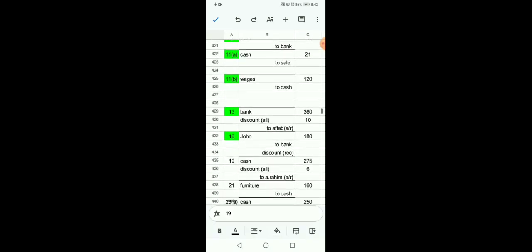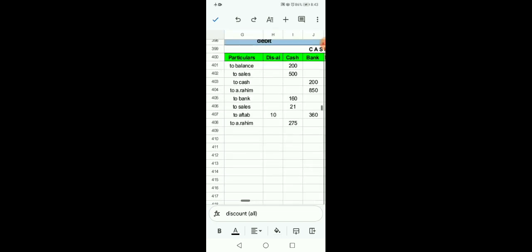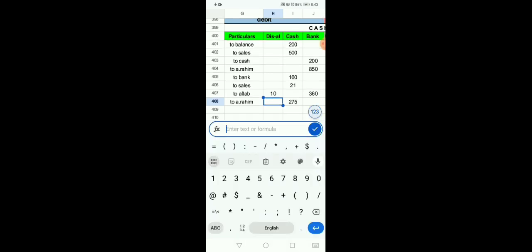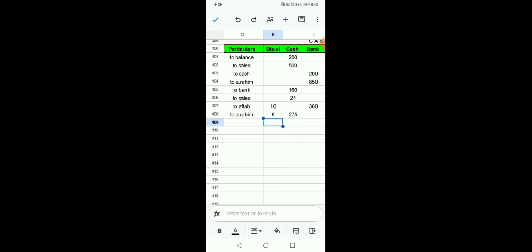In the 19th entry, there were two elements. Cash has been posted. Now it's time to post the discount, which is debited by 6. Go to the debit side of discount and write down 6. It was possible to write down 6 in the next line as well, but for that purpose you were supposed to write "To Rahim" and 19 again.